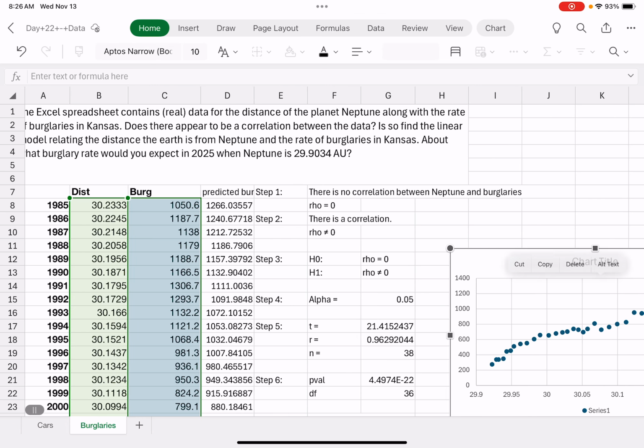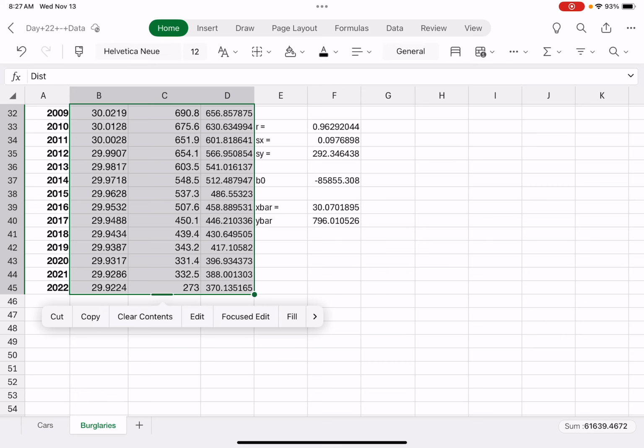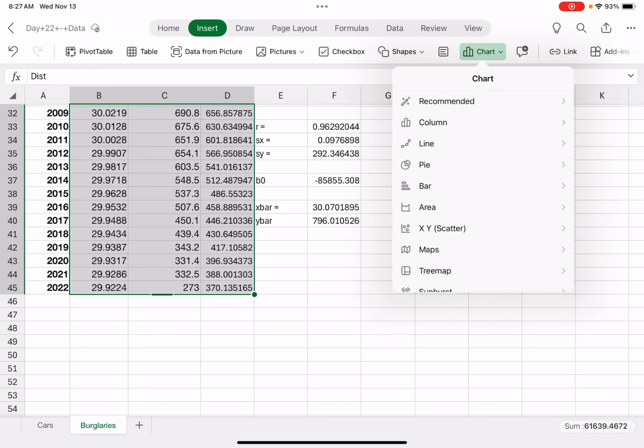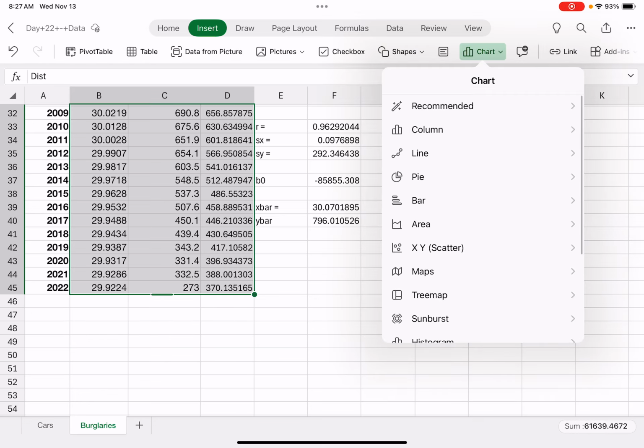So in that case, I'm going to delete my plot, select all of this data, and really hope it puts the distances as the x values and those other two columns as the y values. Insert chart, scatter plot, right there. Looks like I got lucky and Excel did exactly what I wanted it to do. This rarely happens, but it happened today.